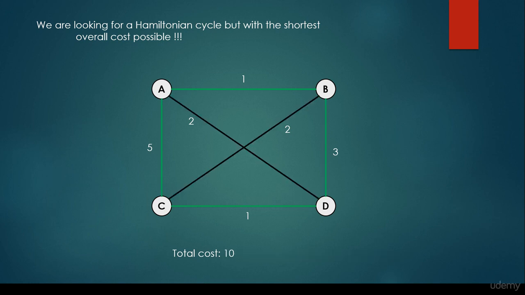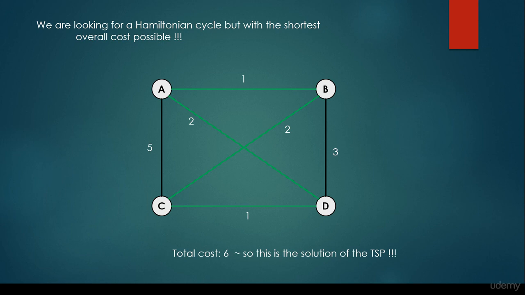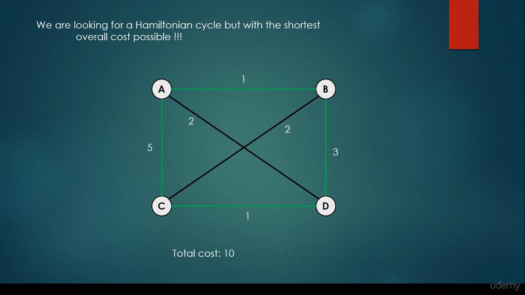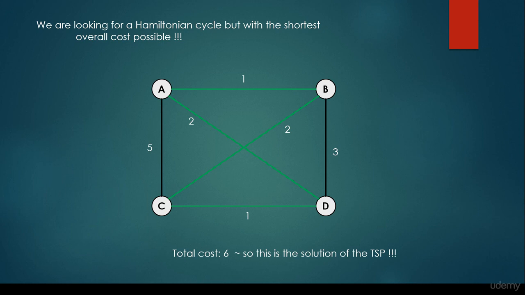but it is approximately good. And you may pose the question: if we have an algorithm that's going to calculate the exact solution, why is it good to end up with a suboptimal solution? For example, this total cost 10, when the total cost 6 we are able to calculate. Because if we want to solve this traveling salesman problem, and it is quite common in practical applications, for 100 cities or 200 cities, then finding the exact solution for the traveling salesman problem is going to cost a lot.